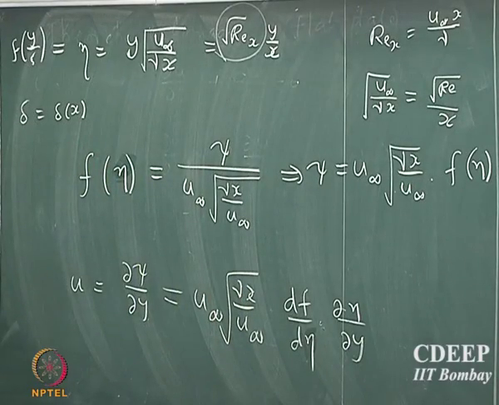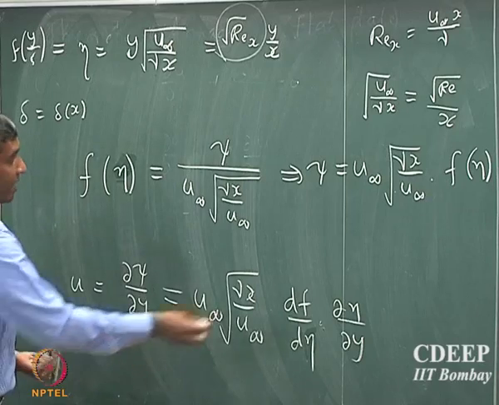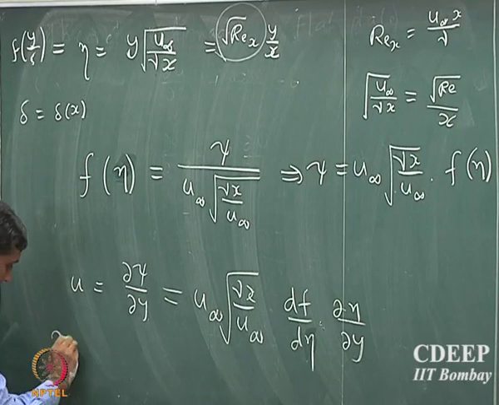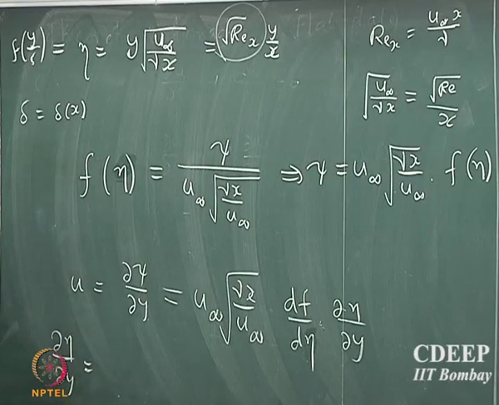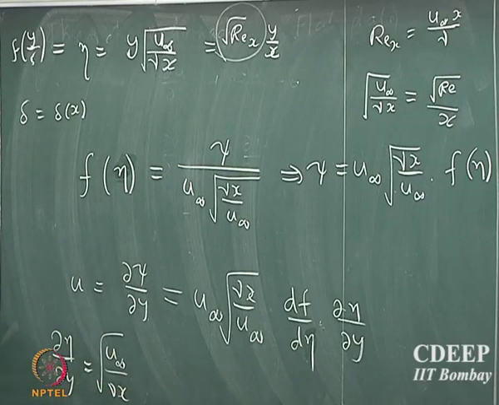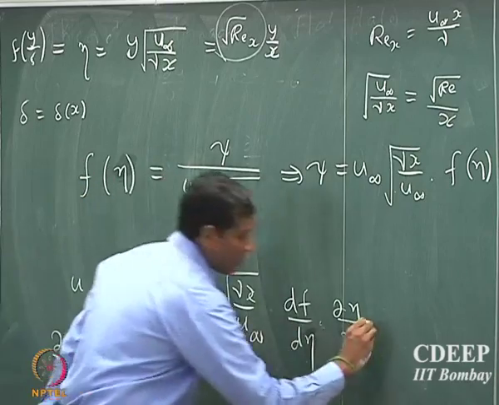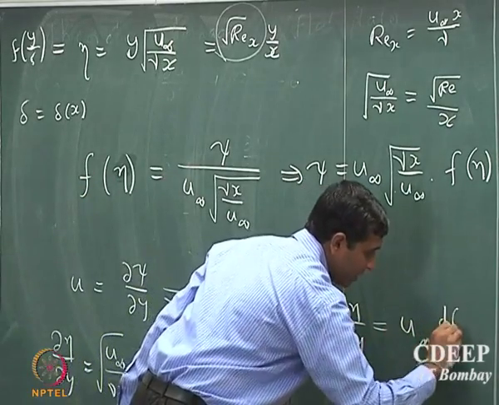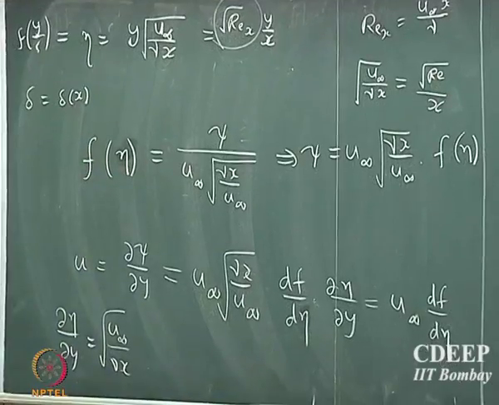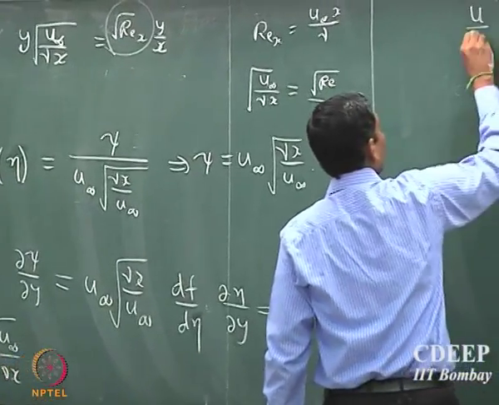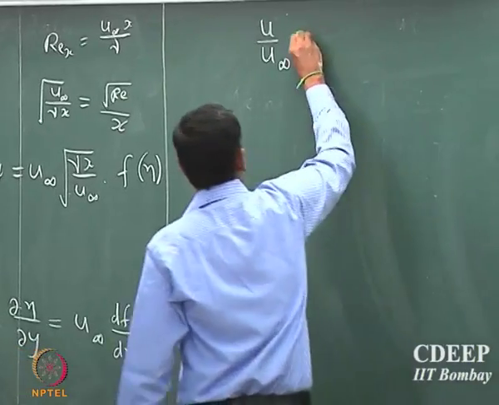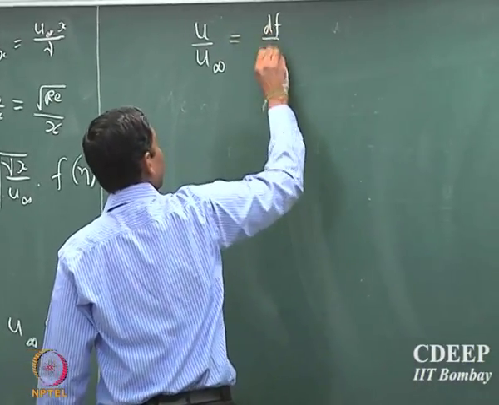All I have done is simply use the chain rule, and dη/dy you can get from here, that's square root of u infinity by nu x. So I can substitute that here, and that will be u infinity into df/dη. That provides an interesting functional form for the ratio. You can see u by u infinity is nothing but df/dη.